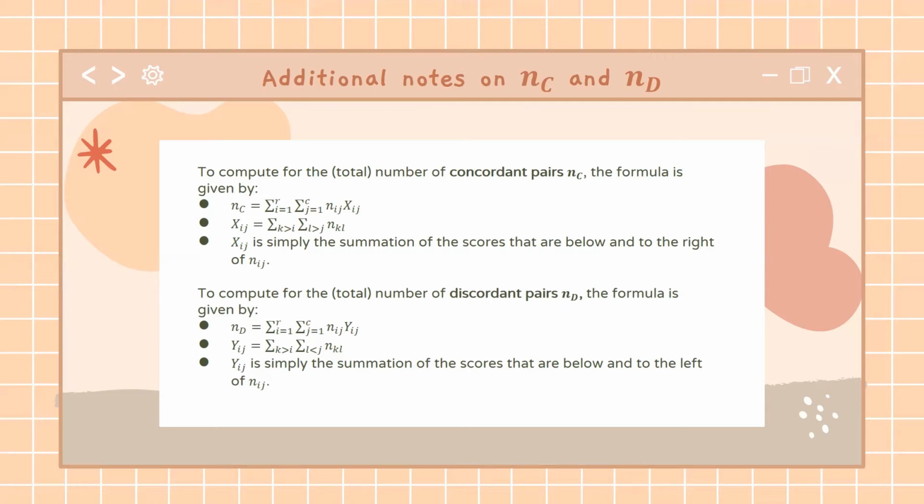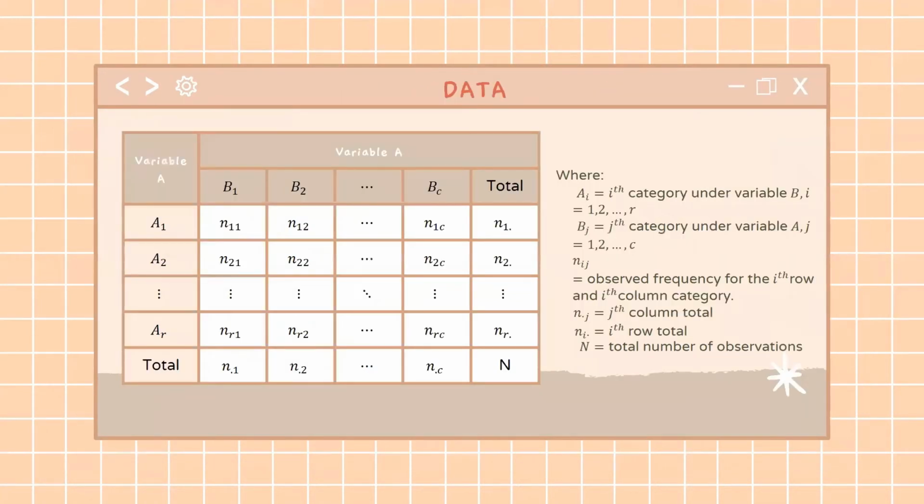So basically, this is just the computational formula for concordant and discordant pairs, but we already discussed this earlier. So for example, we're going to get the total number of concordant pairs. In the summation, there are going to be the same number of terms as the number of frequencies here.